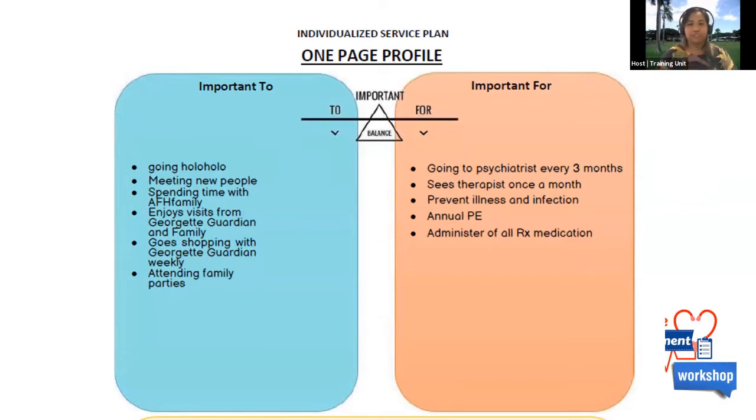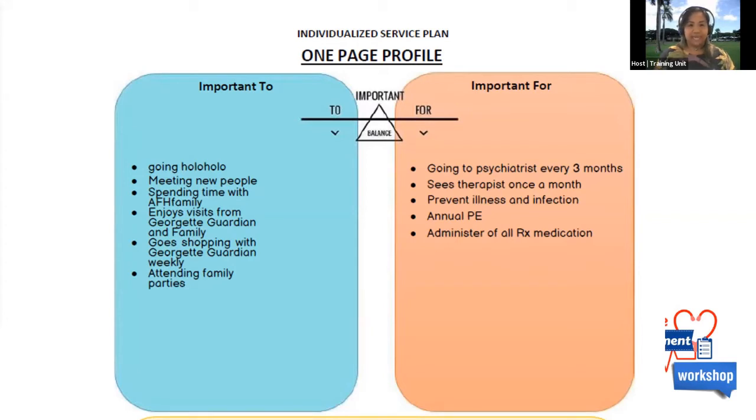Okay, so important to her, she likes to go holo holo with her family. She likes getting visits from her family members, attending family parties, and what's important for her is she goes to the psychiatrist every 3 months. Also important for her, she continues to see her therapist and make sure that she takes her medication.